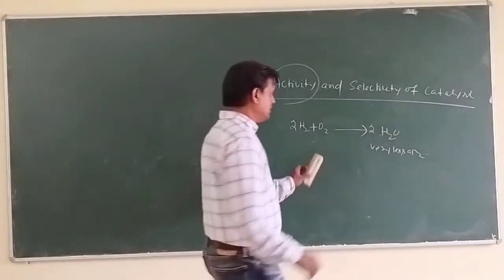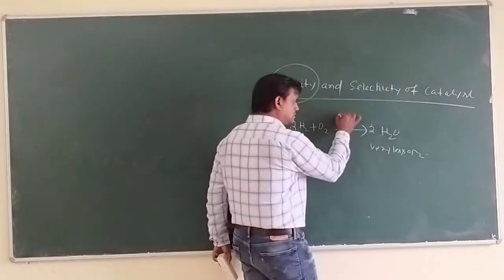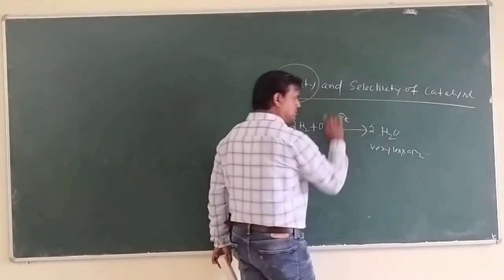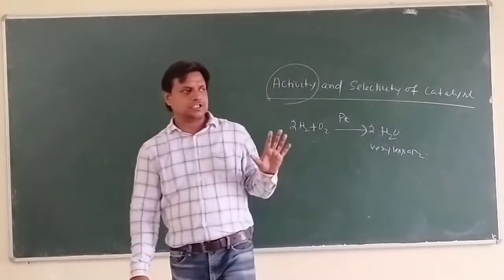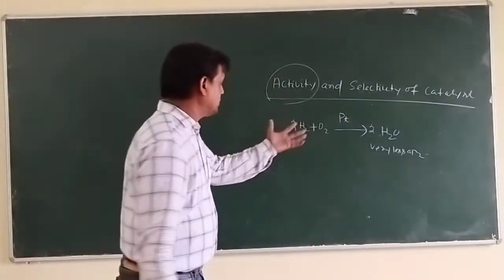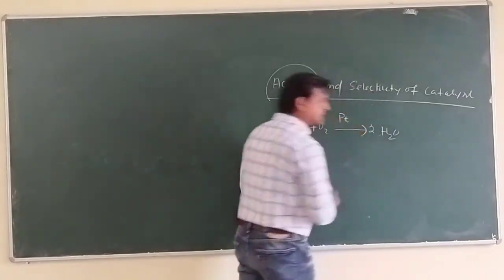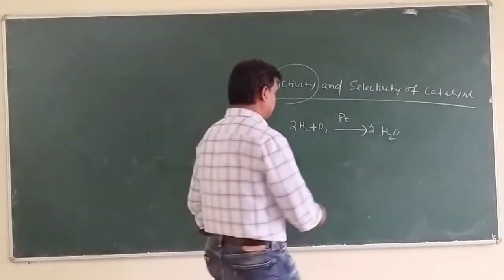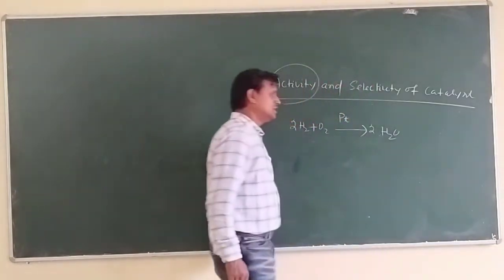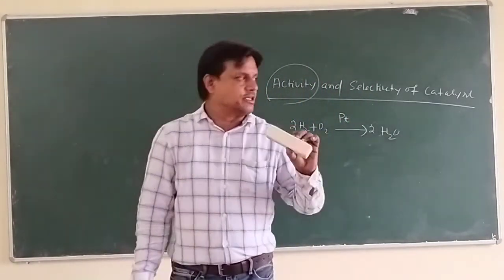If you carry the reaction in the presence of catalyst platinum, then an appreciable amount of water is formed. So this is called the ability of the catalyst.